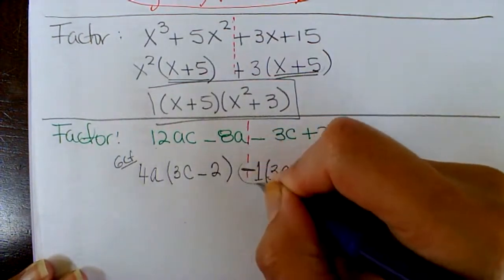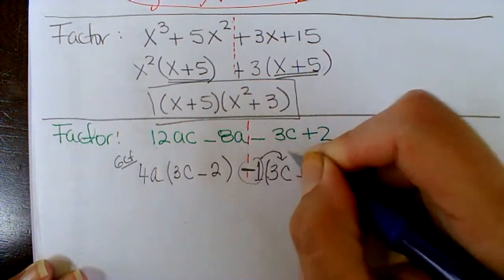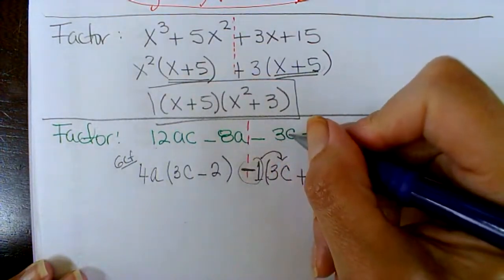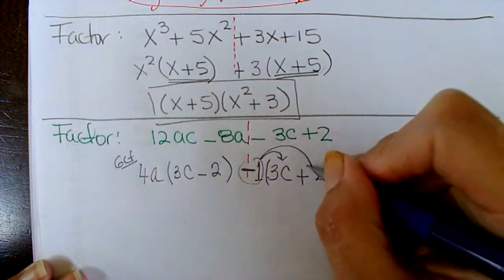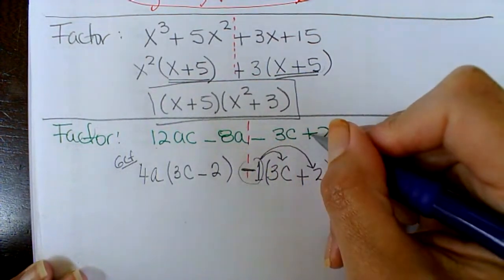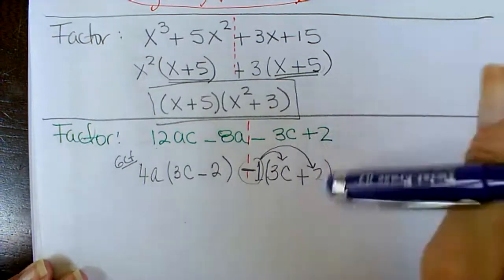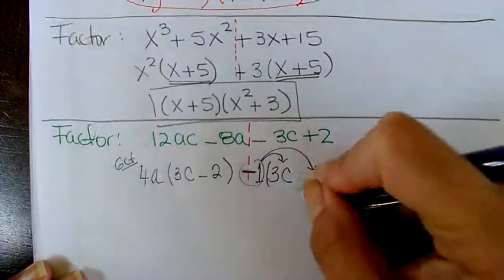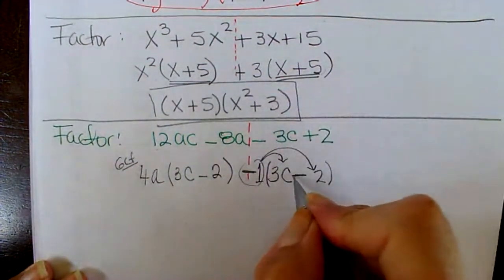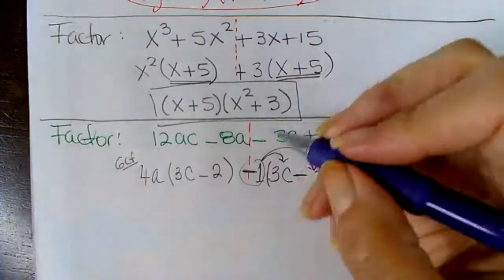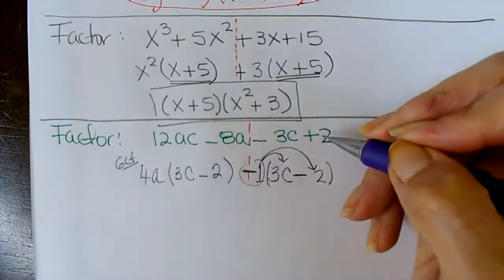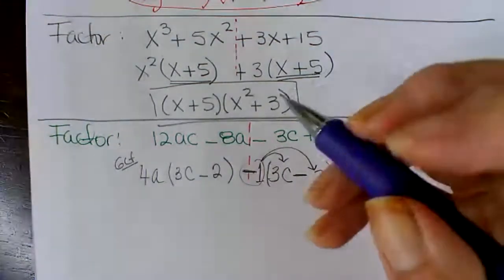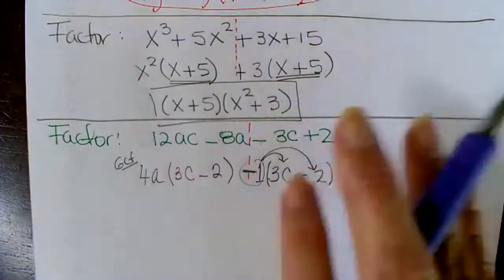When I multiply the negative 1 times 3c, I do get the negative 3c here. But when I multiply the negative 1 times 2, I don't get the plus 2. So this one has to be a negative 2. In order for me to multiply negative 1 times negative 2, it's going to give me a positive 2. So be careful. That's why I did this one.